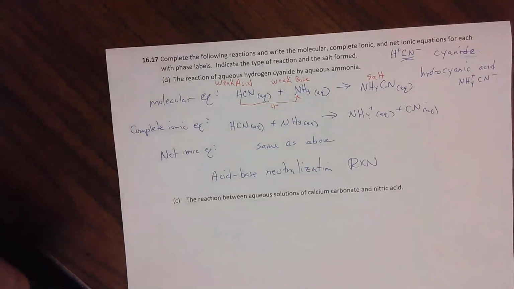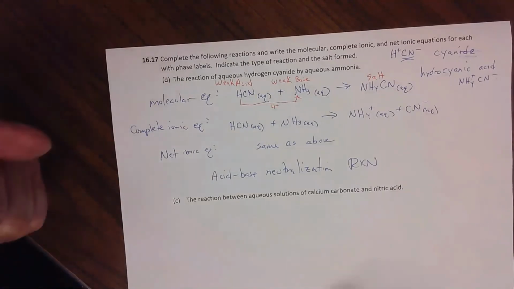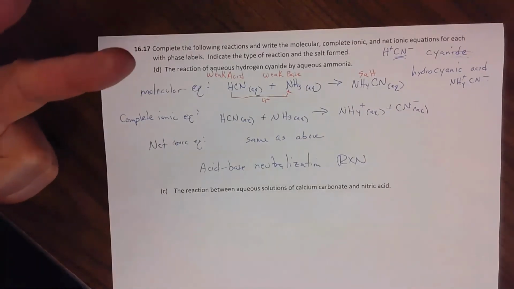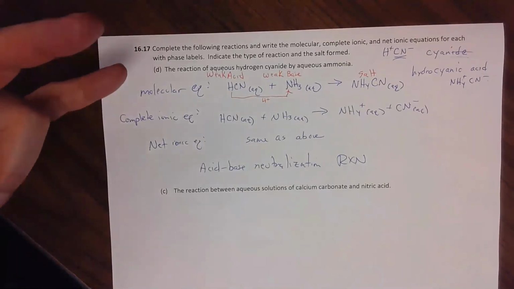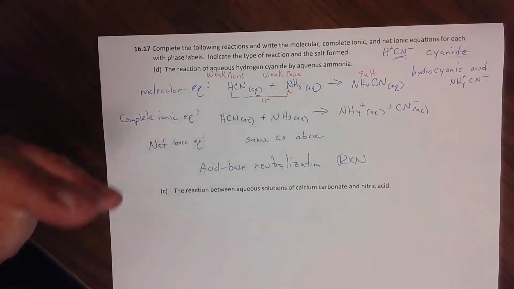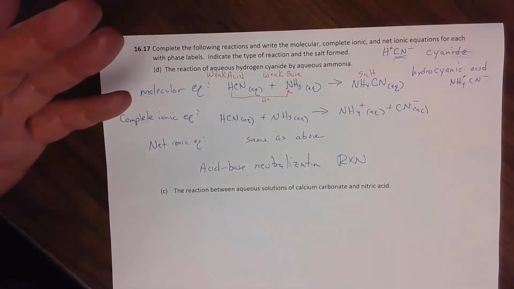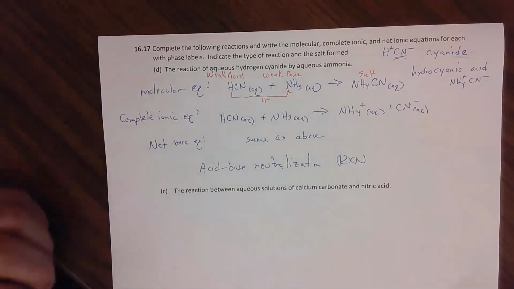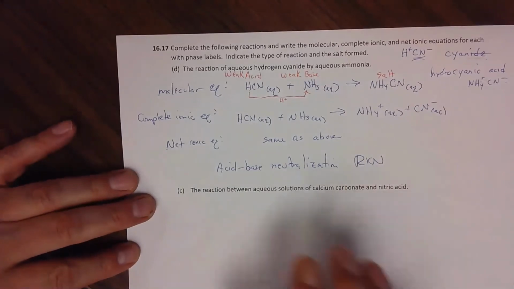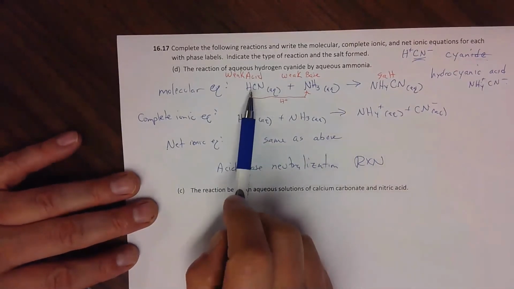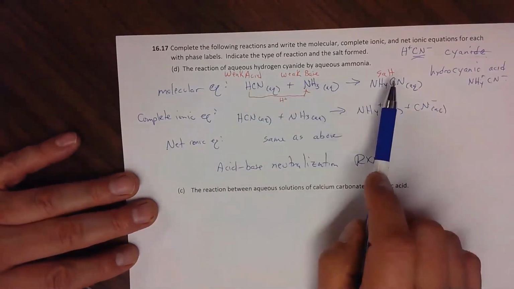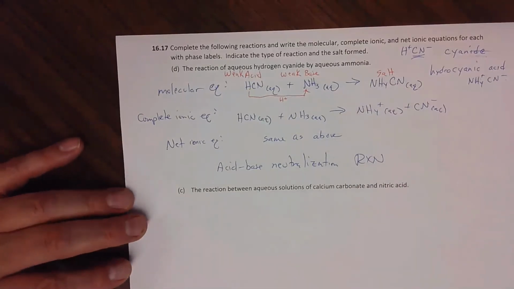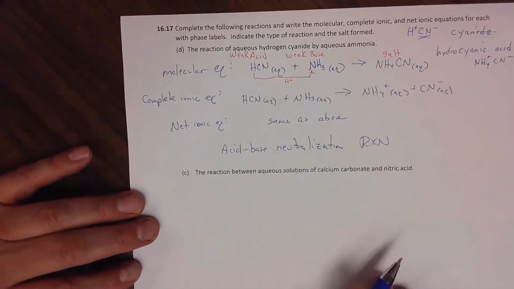We talked about precipitation reactions, acid-base neutralization reactions, acid-base reactions with gas formation, and oxidation-reduction reactions, also called redox reactions. So this was one of them. This was the acid-base neutralization reaction. We had the acid reacting with the base to form our salt. Okay, let's go to the next one.